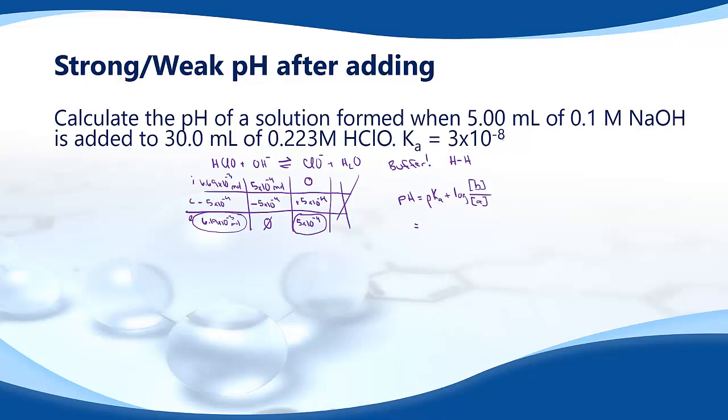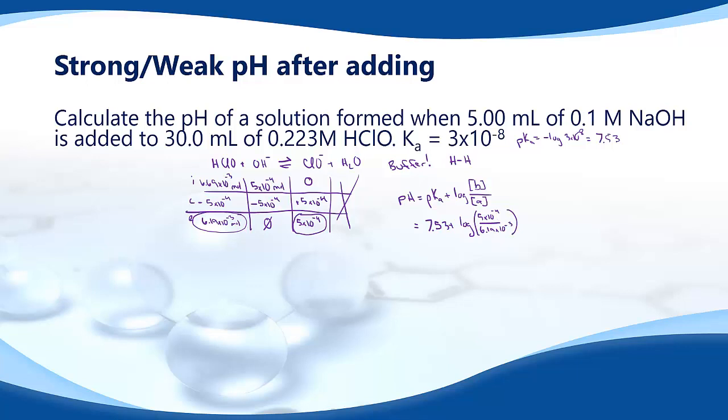Our Ka is 3 times 10 to the minus 8th, which makes our pKa equal to the negative log of that, which is going to be 7.53. So 7.53 plus log, our base concentration is 5 times 10 to the minus 4th, our acid concentration is 6.19 times 10 to the minus 3rd.